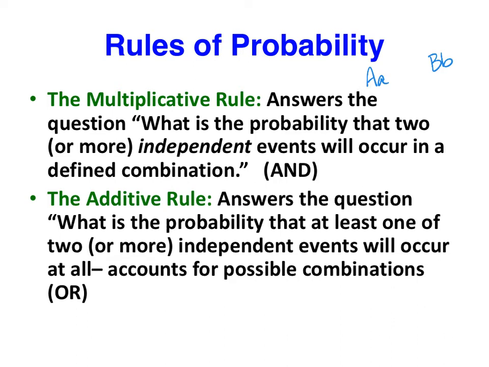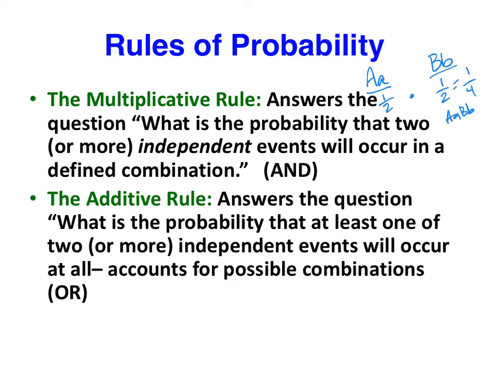So if we know the probability of inheriting big A little a is 1/2, and the probability of inheriting big B little b is 1/2, we can multiply those two together, heterozygous for A and heterozygous for B, and that gives us a probability of 1/4 for having the dihybrid genotype. Okay, so that's our multiplicative rule.